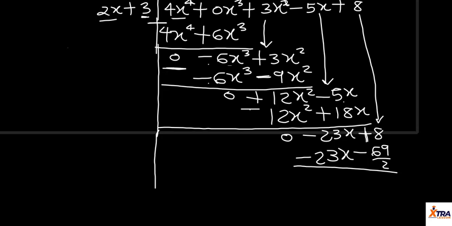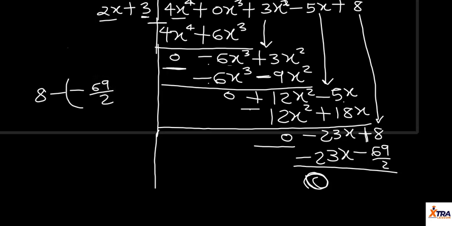So this minus this gives us 0. Then 8, we are subtracting, so 8 minus 69 over 2.